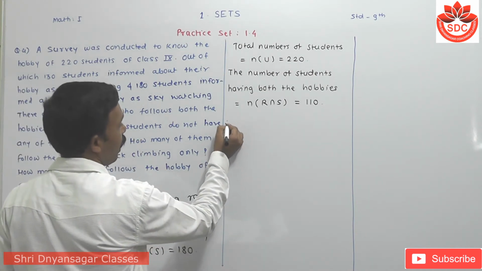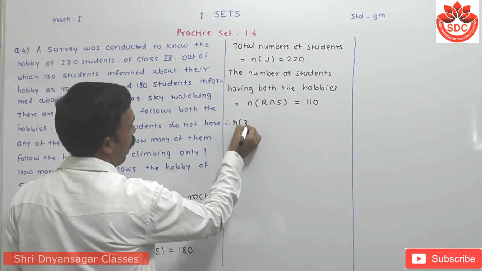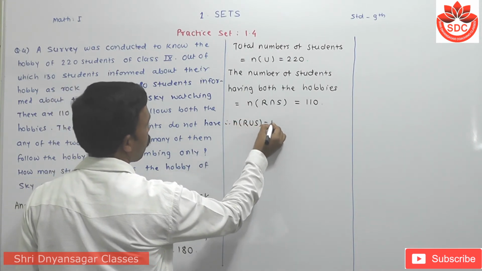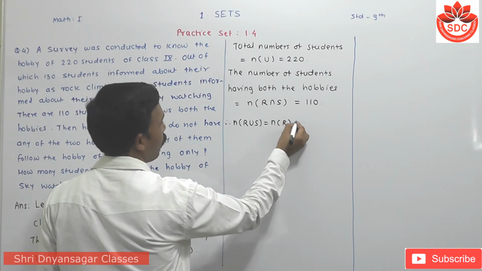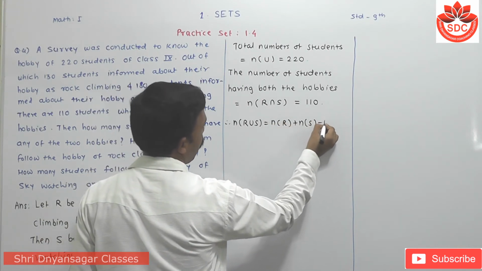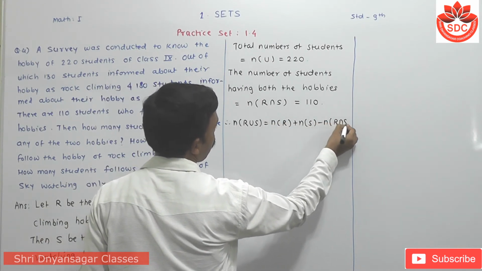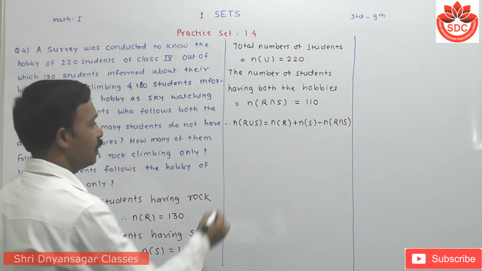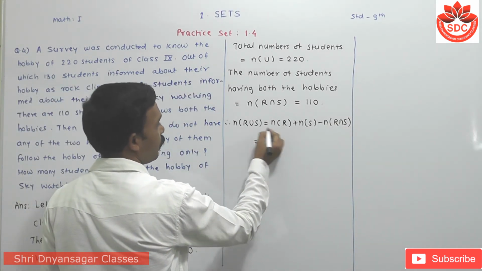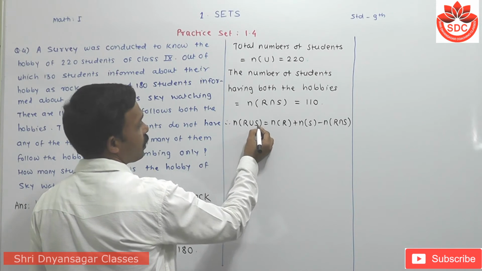Therefore we use the formula: number of R union yes is equal to number of R plus number of yes minus number of R intersection yes. By using this formula we find the value of R union yes.